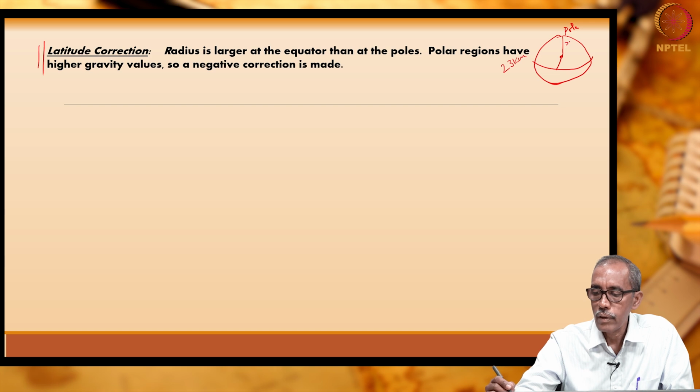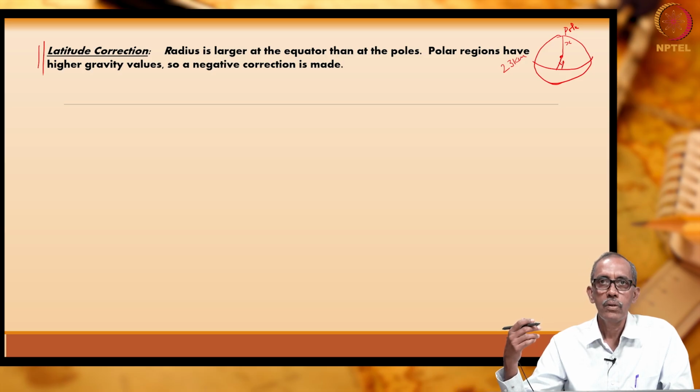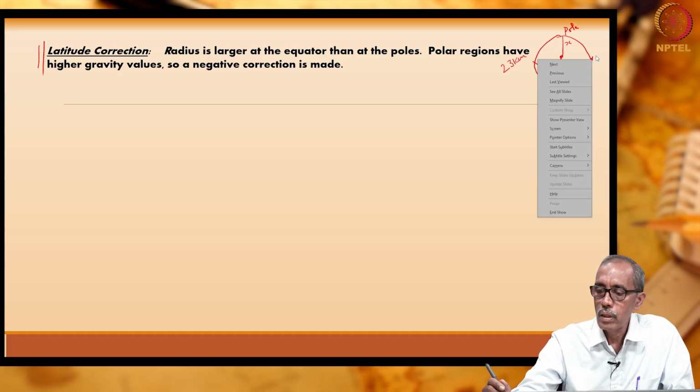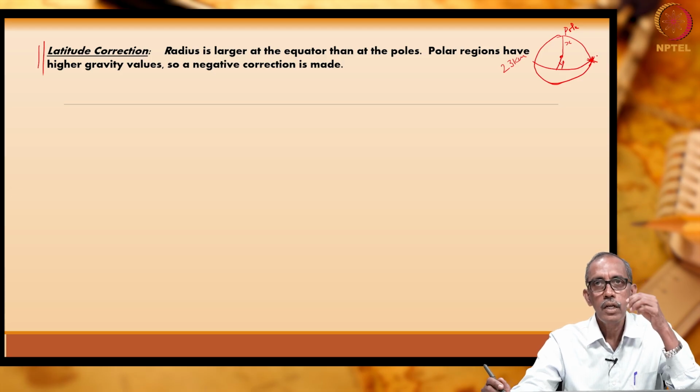Compared to, if you consider this as x and this as y, y is 23 kilometers larger, right? This itself affects the gravity value which we measure at the surface. That means, if you measure the gravity here at the equator, the gravity value is expected to be slightly lower.